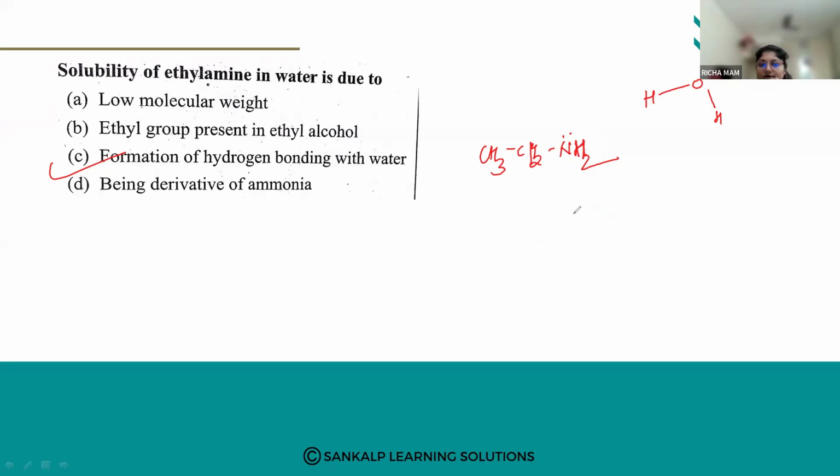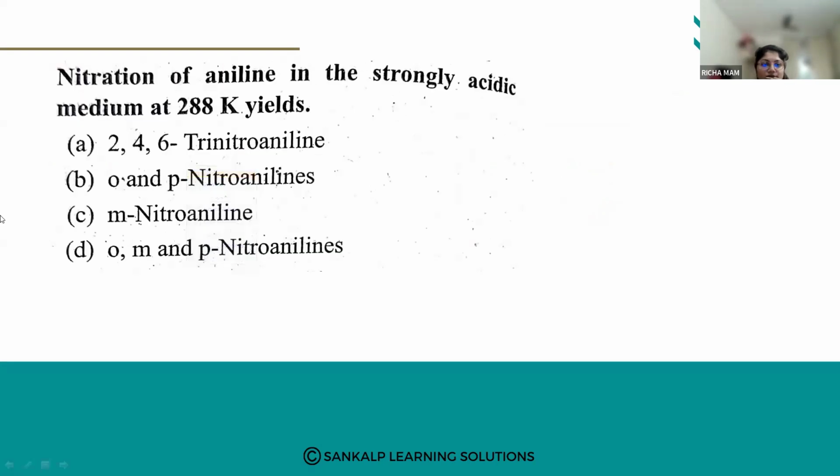So it can form hydrogen bonding, and the ethanamine is soluble in water. The reason is the formation of hydrogen bonding with water. So option number C is the answer. Let us go for the next one.